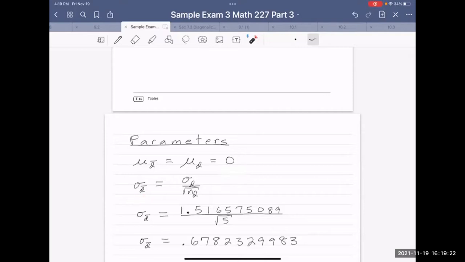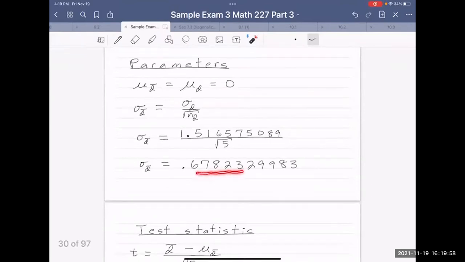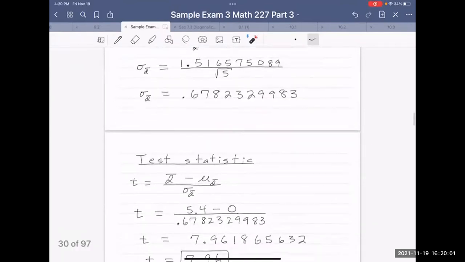The standard deviation is the population standard deviation of the differences, which we don't know, but we can estimate it by the sample standard deviation, which we just calculated, 1.516575089, divided by the square root of the sample size, 5. That gives 0.67823299983.